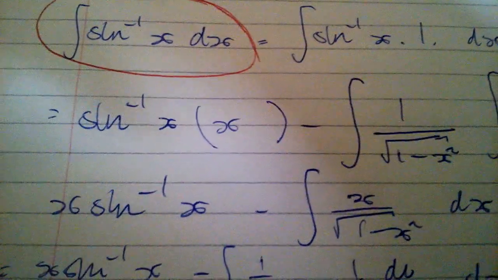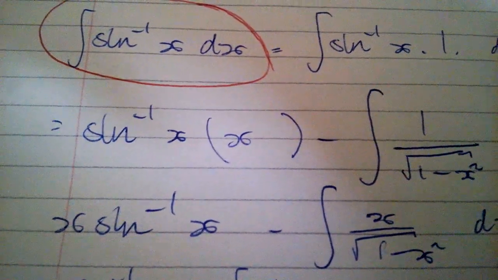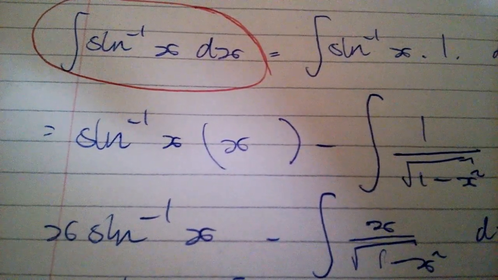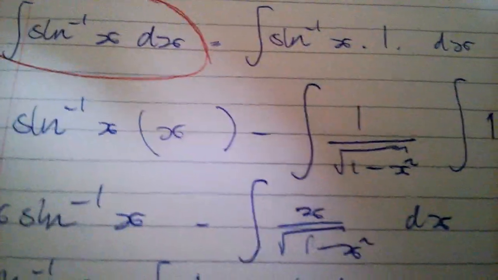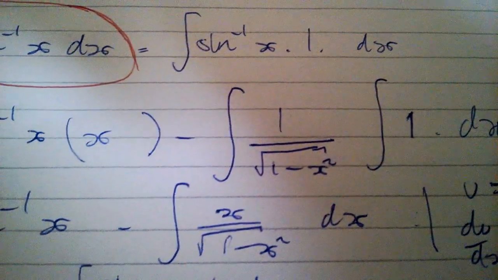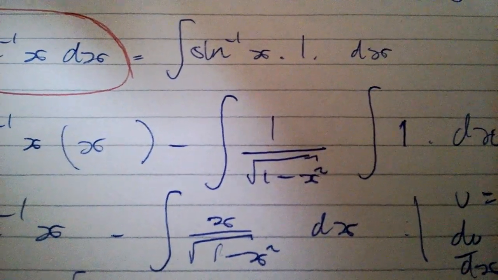So let's develop this now. For the first part, I get x times sine minus 1 x, and then I'm subtracting the integral of x times 1 over the square root of 1 minus x squared, because the 1 integrates just to give me x.